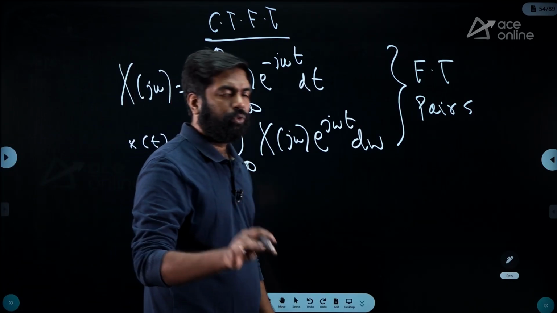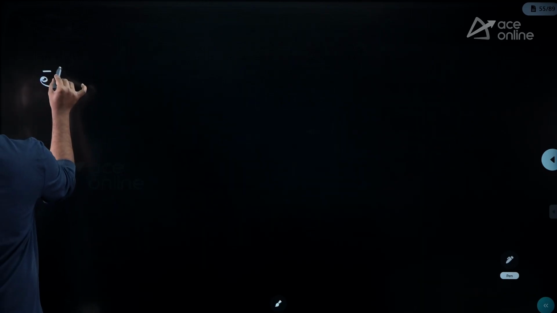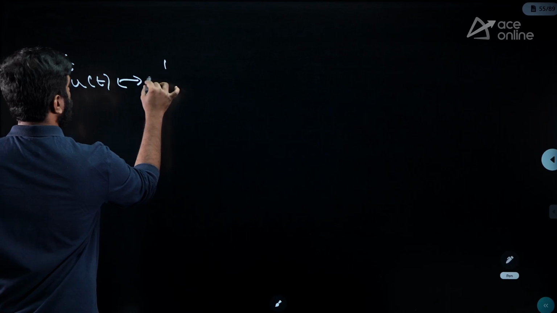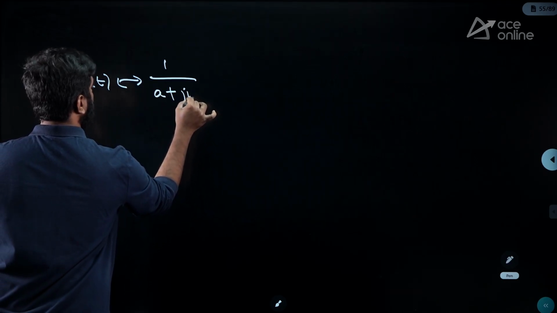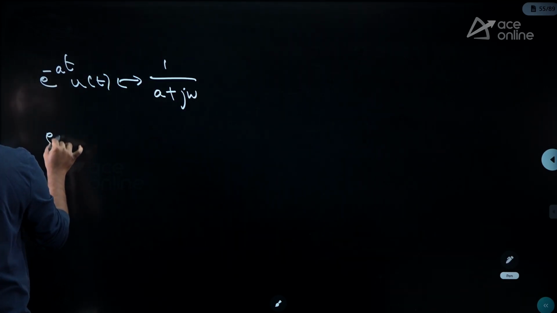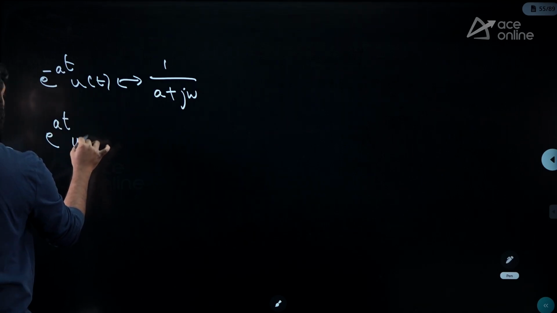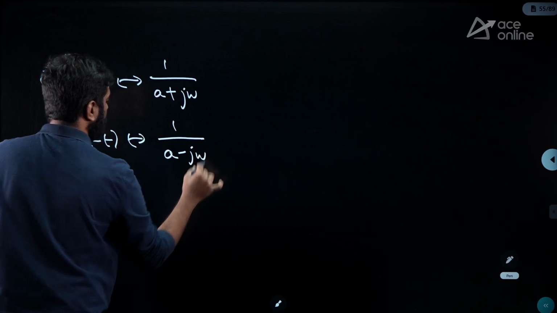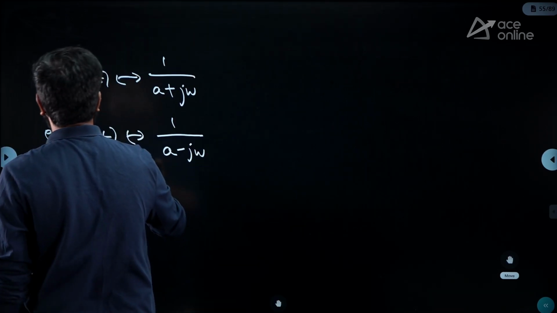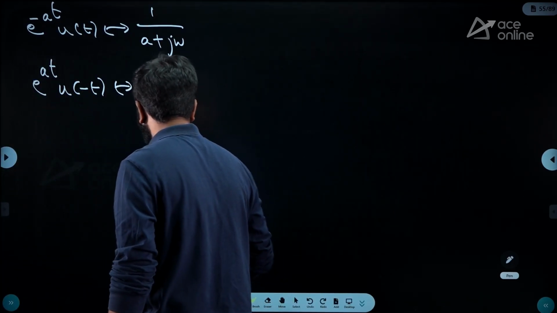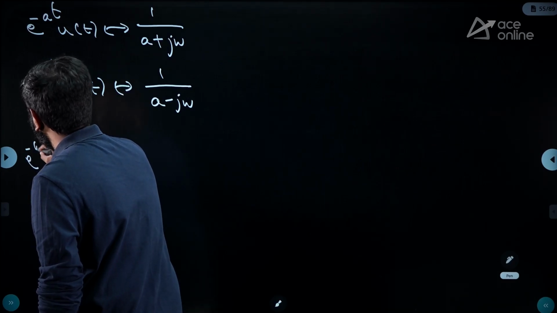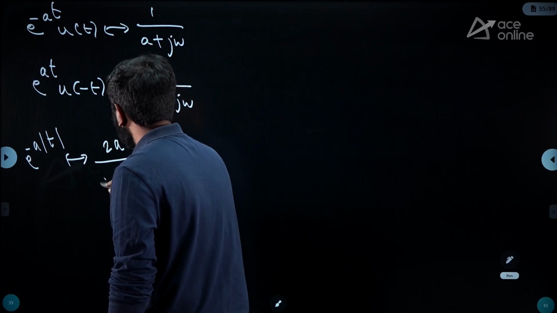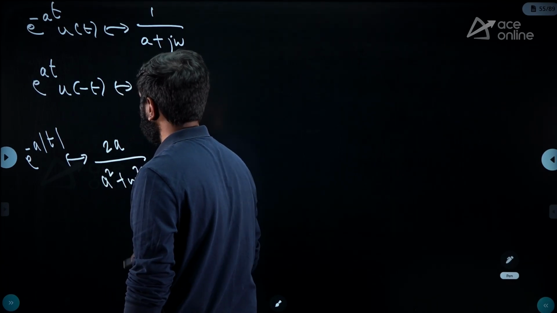I'll write the standard Fourier transforms first. E power minus at into u of t, it is 1 by a plus j omega. E power at u of minus t, it is 1 by a minus j omega. E power minus a mod t, whose Fourier transform is 2a by a square plus omega square.